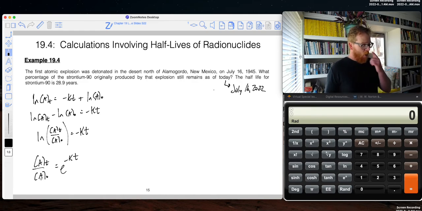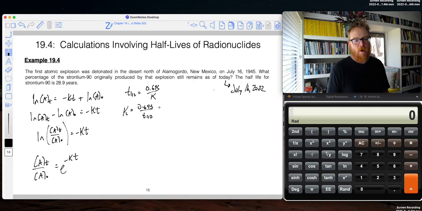Okay, so now I've got to get a rate constant from the half-life. So I know that T1/2 for first order is 0.693 divided by k. I'm going to rearrange that to say k equals 0.693 divided by T1/2. So we can keep all of that in years for this calculation. So that's 0.693 divided by 28.9 years.